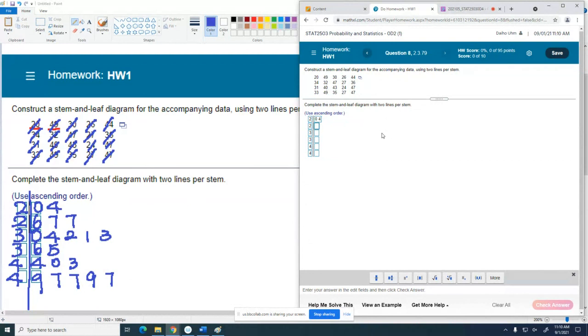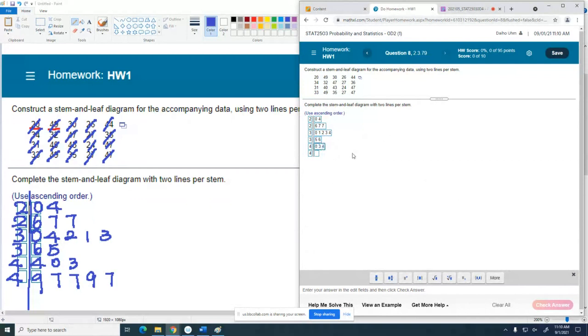Okay, and the next one. There is the 6, 7, 7, okay, in order, 6, 7, 7. And for the first three, I got 0, 4, 2, 1, 3. But I have to put them in order. It's 1, 2, 3, 4. The very first one is a 0. The 0, 1, 2, 3, 4 each. And the second 30s is a 5 and 6.